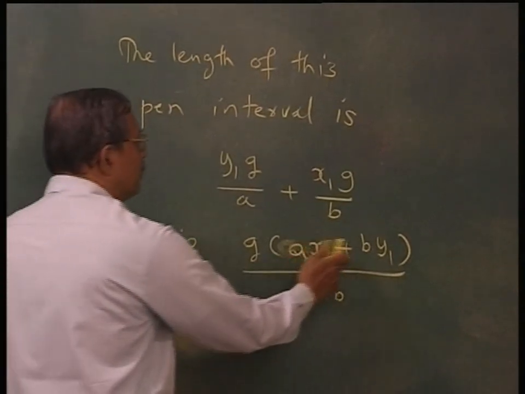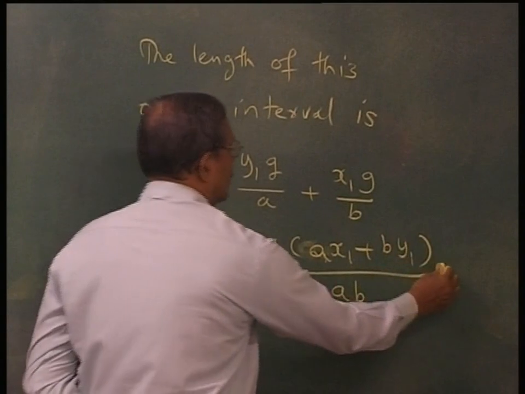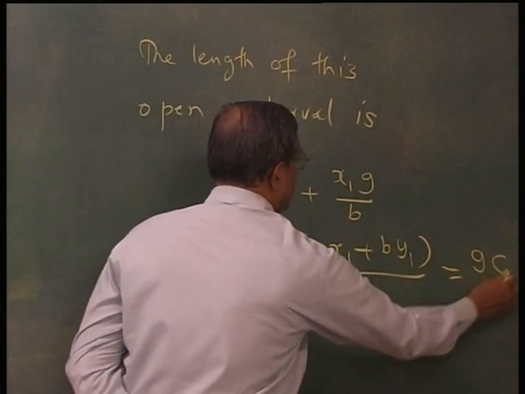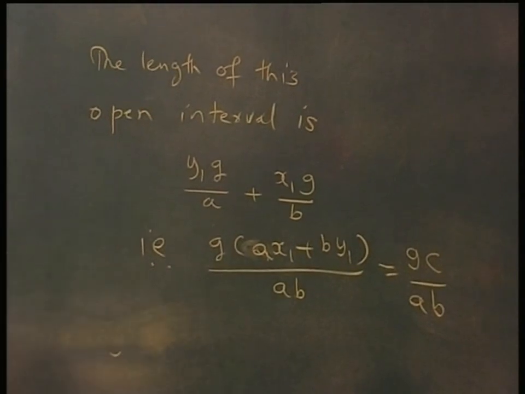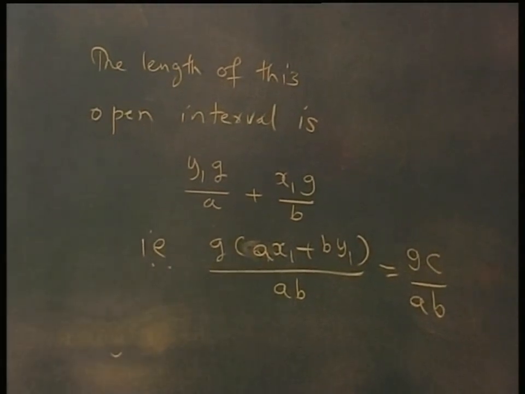But then a x1 plus b y1 is equal to c, that's equal to g c upon ab. The length of this interval is g c upon ab. So how many integers are there in this interval?